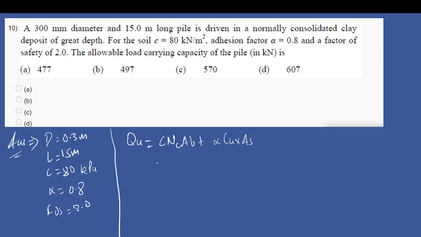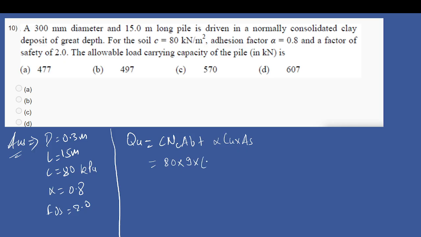And have you taken the base capacity also? C is 80, and how much have you taken? Sir, I did not take the base capacity. I have to take that into account. Then take that into account.